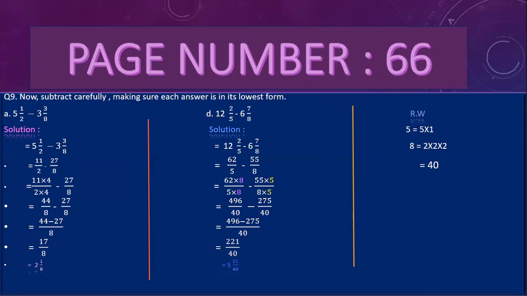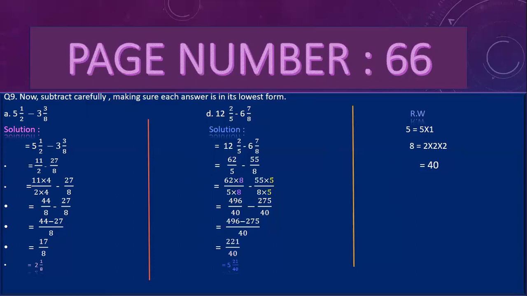5 whole number 1 over 2 minus 3 whole number 3 over 8. After converting them into improper fractions, 11 over 2 minus 27 over 8. Now we make both the denominators the same. We multiply the first fraction by 4 because the other denominator is 8 and there is no need to change that denominator.